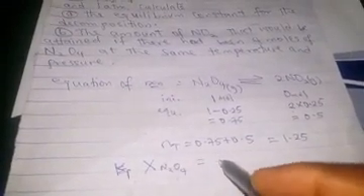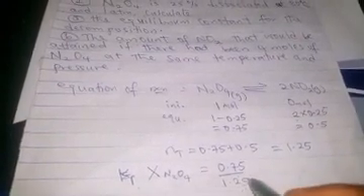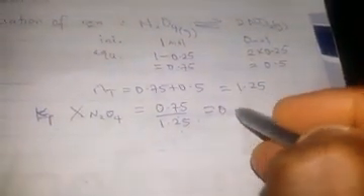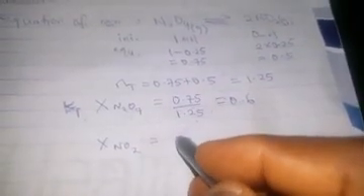Using the mole fraction, the mole fraction for N2O4 is going to be 0.75, the number of moles of N2O4, divided by the total number of moles, which is 1.25, and that gives us 0.6. The mole fraction for NO2 is 0.5 divided by 1.25, and that gives us 0.4.